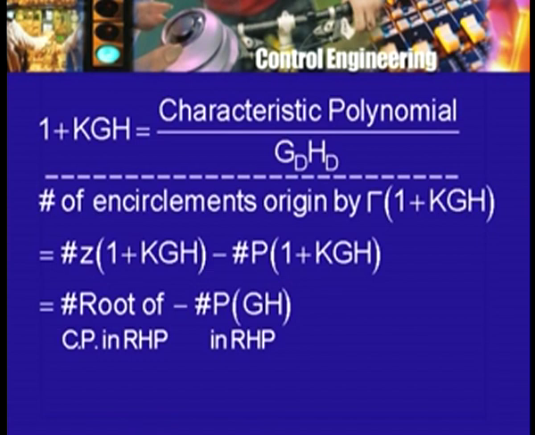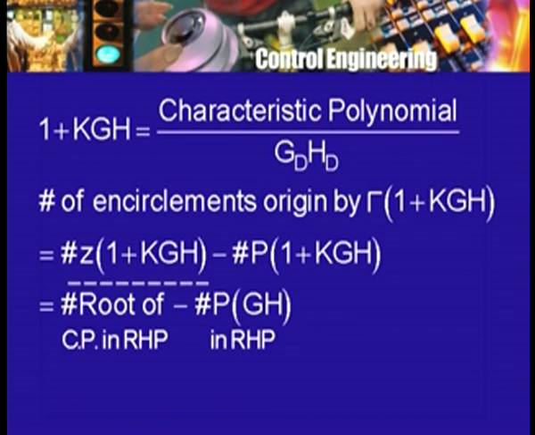But as we saw earlier, 1 plus kGH essentially is the characteristic polynomial divided by GD HD, the pole part of G and H. So, the number of zeros of 1 plus kGH is exactly equal to the number of roots of the characteristic polynomial in the Nyquist contour gamma, and the number of poles of 1 plus kGH is exactly the number of poles of GD HD inside the Nyquist contour.